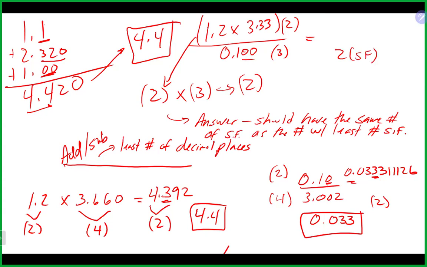So if you did all that, technically speaking, 1.2 times 3.33, you would get this for the top part, which would be 3.996, and you would divide it by 0.100. Would I round the top part to 2 significant figures at this point?